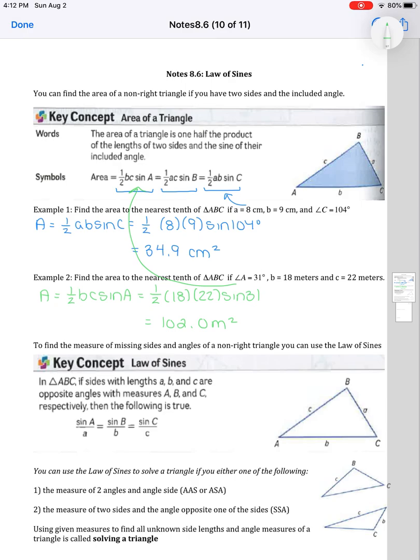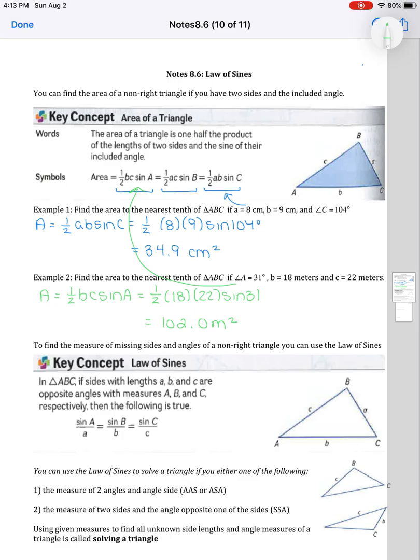All right, so the second part to this is something called law of sines. So in triangle ABC, if the sides with lengths little a, little b, and little c are opposite angles big A, big B, and big C, then the formula for the law of sines is the sine of A over little a, sine of big B over little b, and the sine of big C over little c.